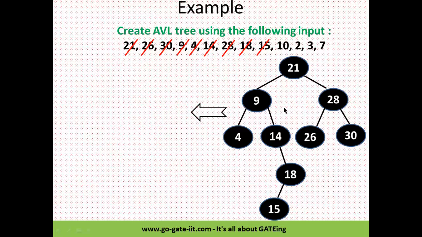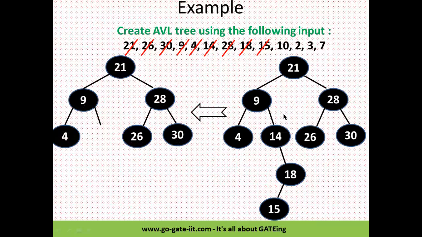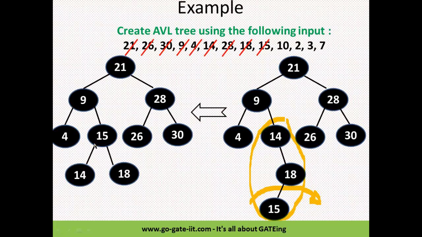Now what kind of height imbalance is it? Left right imbalance. So again the same concept applies here. We will consider this complete area 14, 18 and 15. We'll rotate 15 first, and then whatever structure appears, we will get a right skewed tree, and ultimately we'll get a tree structure like 15 as the root node and 14 and 18 being the left and right respectively.